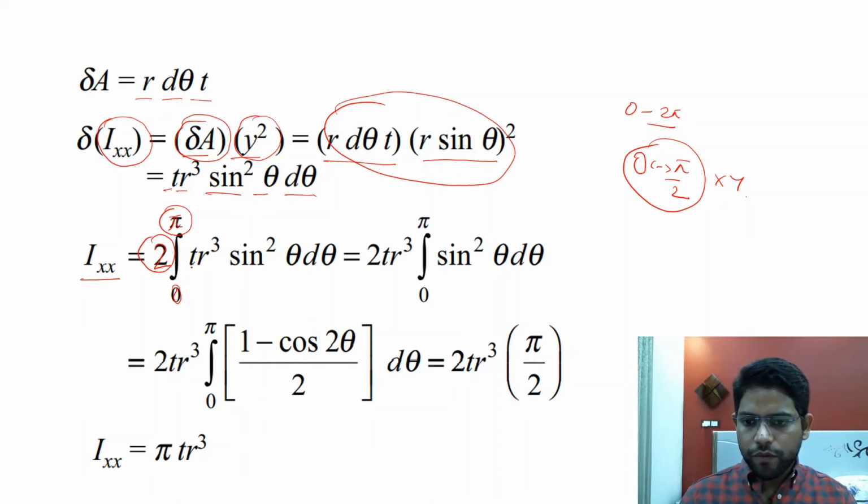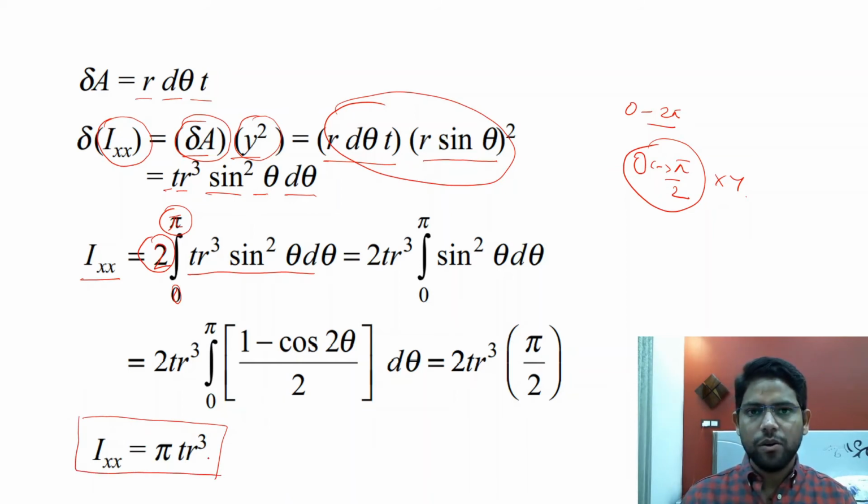Now if you integrate this term, you will get Ixx equal to pi times t times r cube. This is simple integration. I hope you can do it on your own.